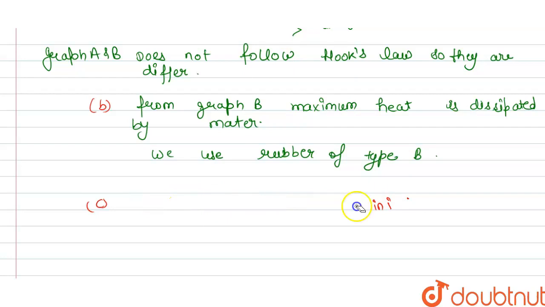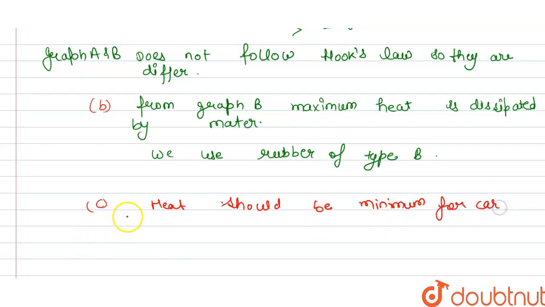So we can write here for a car tire the heat should be minimum. So we use rubber of type A, as the heat dissipated in A is less than B. So this is the answer for this question.